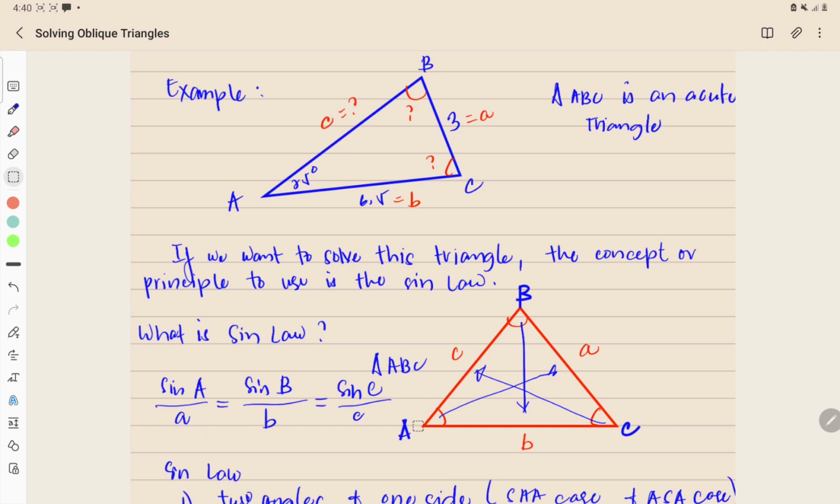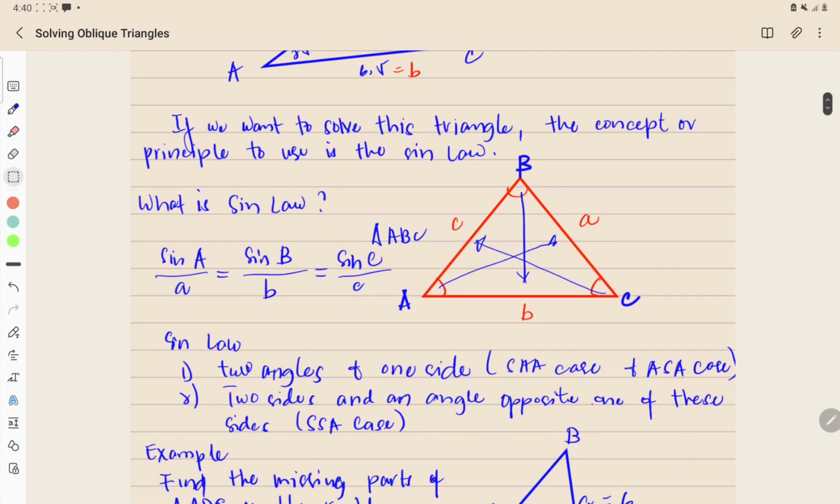In this case, we have angle A, opposite is side a; angle C, opposite is side c; and angle B, opposite is side b. So sine of angle A over a is equal to sine of angle B over b is equal to sine of angle C over c.